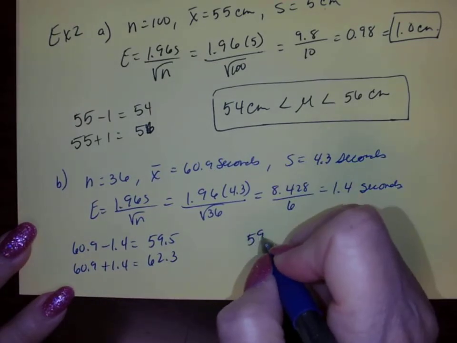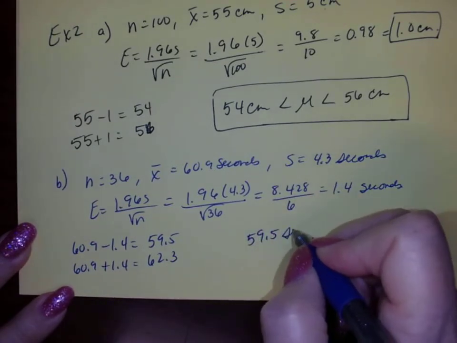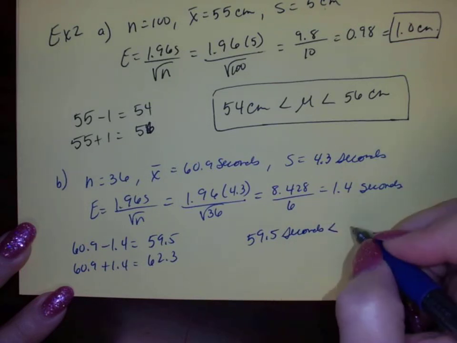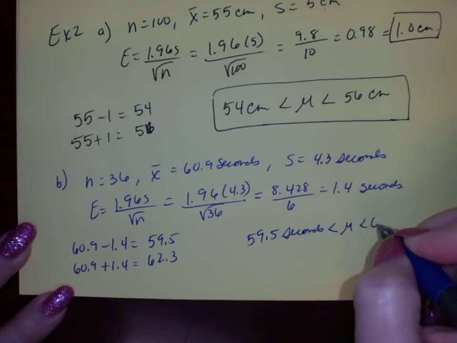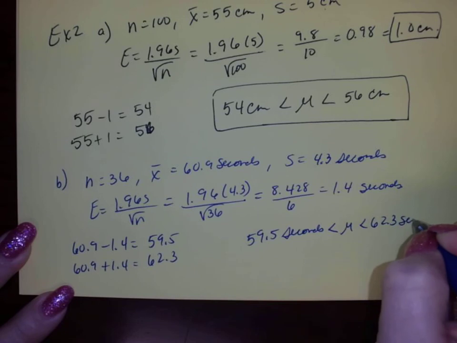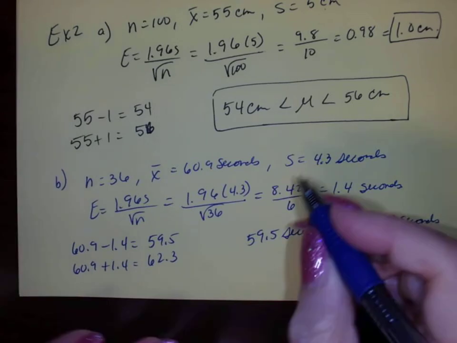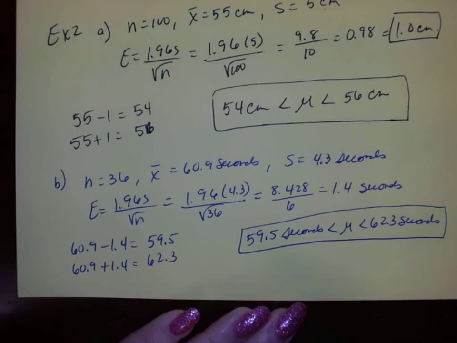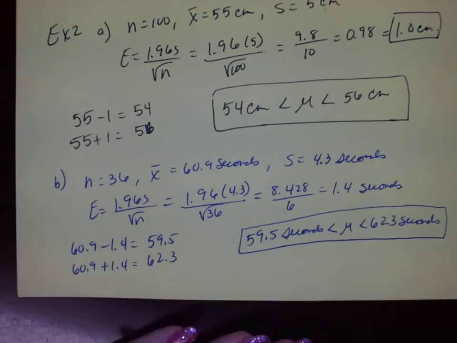So somewhere between 59.5 seconds and 62.3 seconds will be our population mean, and that's with a 95% confidence interval.